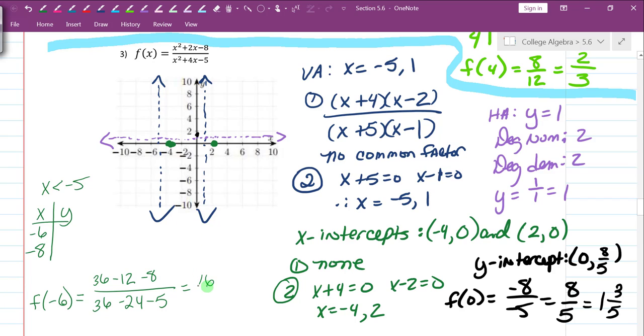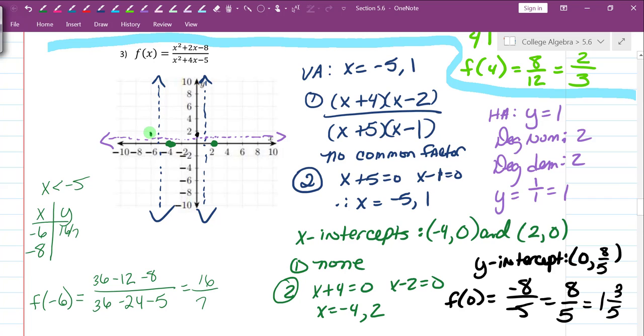And then my denominator is 36 minus 24 minus 5, which is 7. And then 16 divided by 7 is 2.3, and that's positive. So 16 sevenths. So negative 6, and then a positive 2.3. So that is going to be right about here.